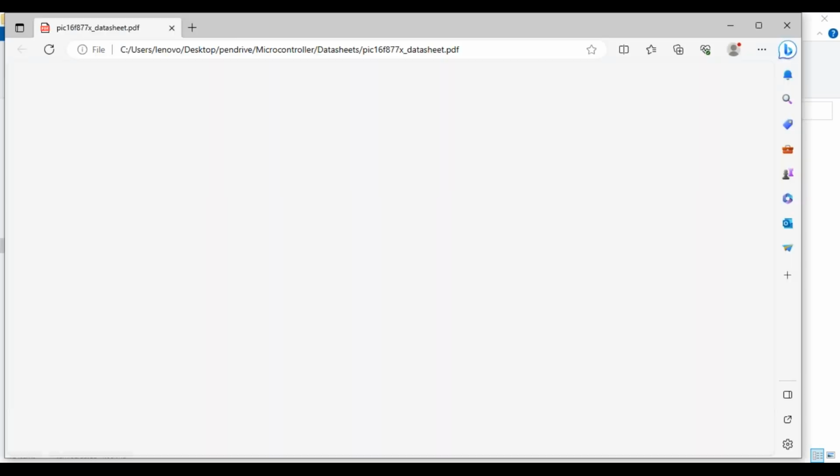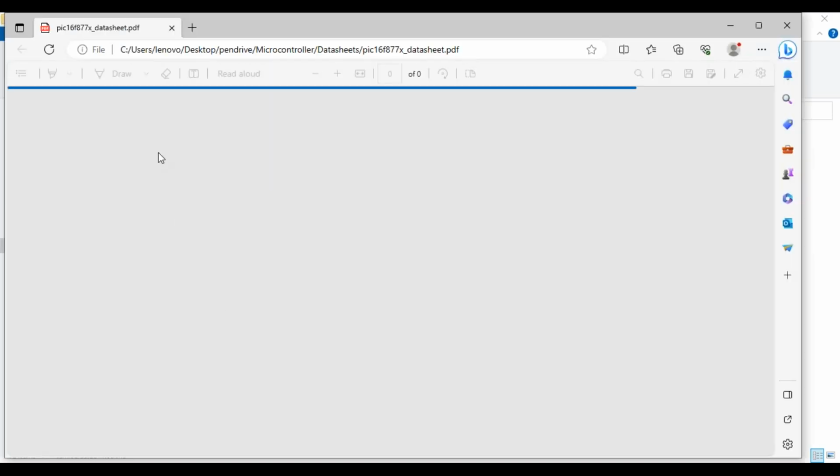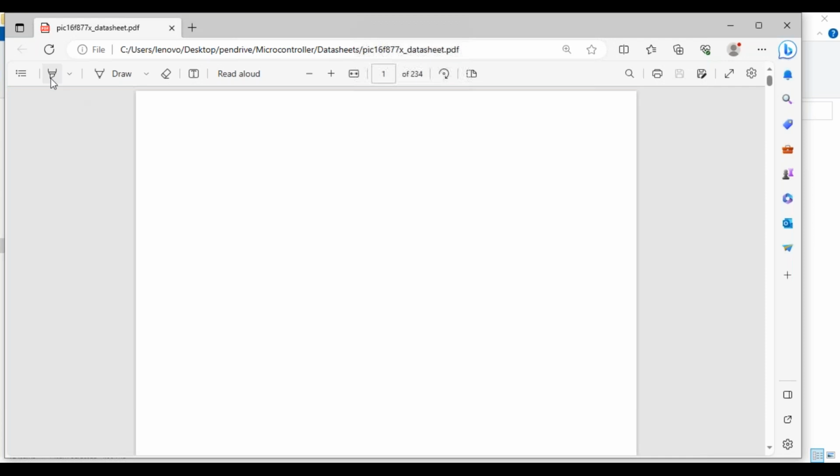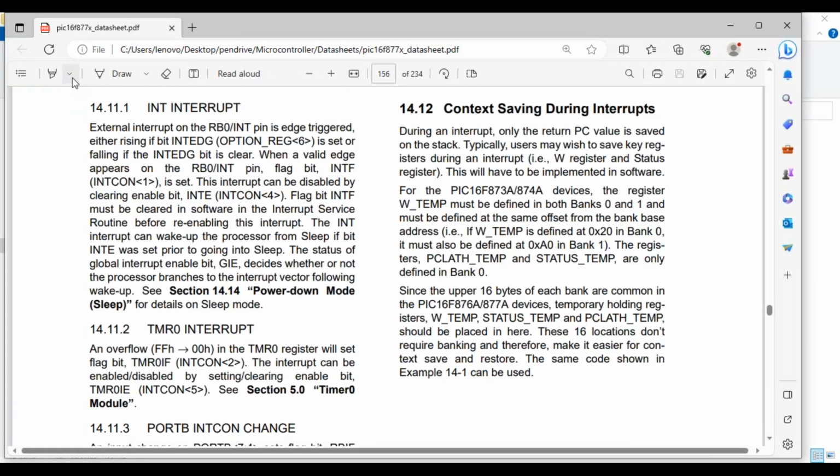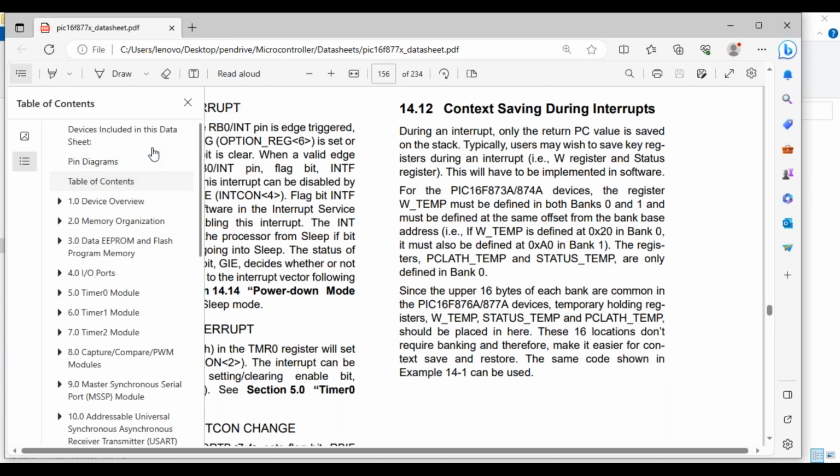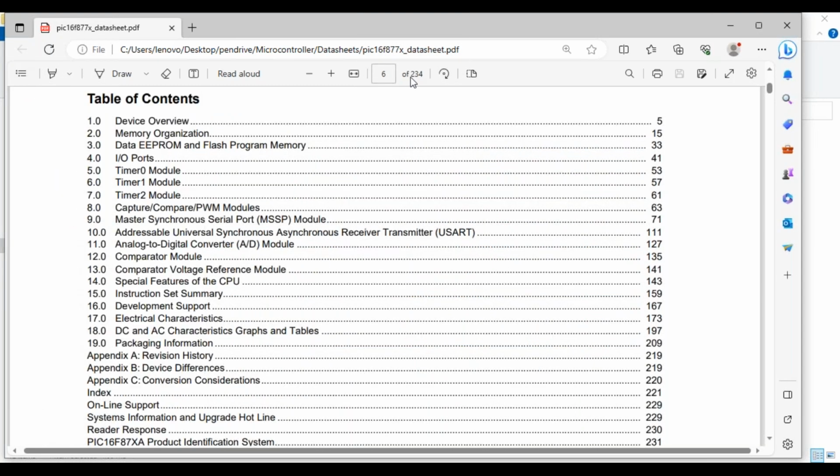I am going to open this data sheet and take you to the table of contents. It is a very huge data sheet, comprising around 234 pages. I don't ask you to read the data sheet from the beginning.